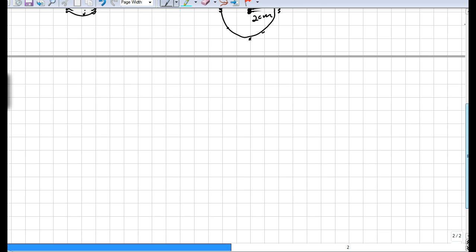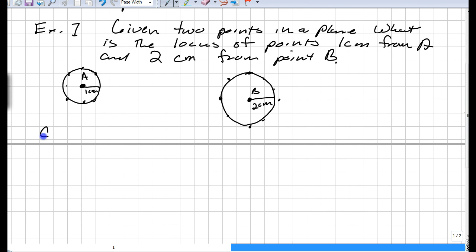Okay, so case number 1 is that the distance between A and B could be less than 3 centimeters. So the distance between A and B would be greater than 1 centimeter but less than 3 centimeters. And so then we would get something that looked like this.